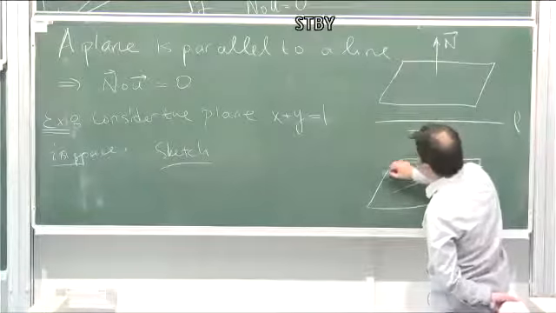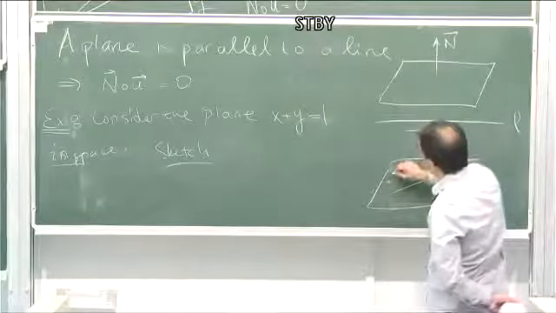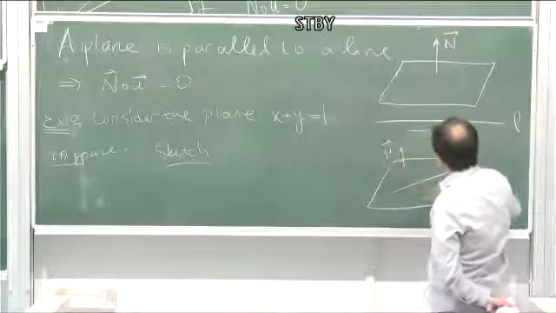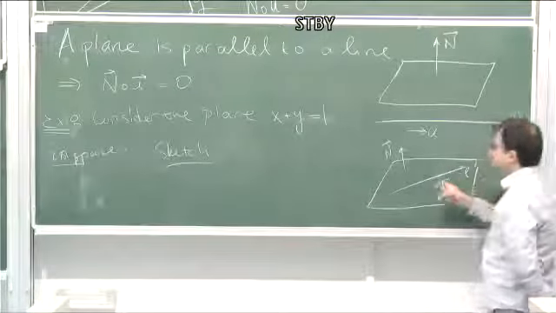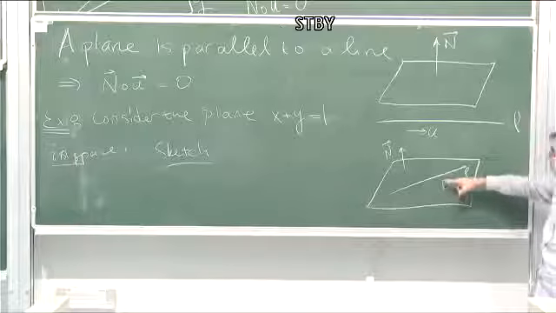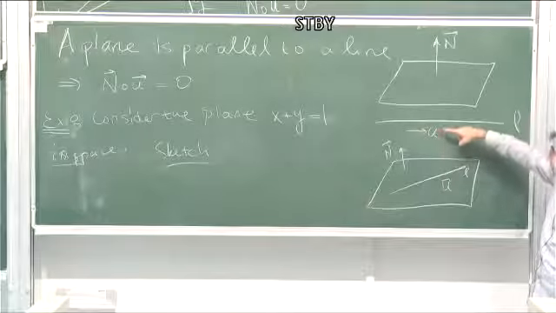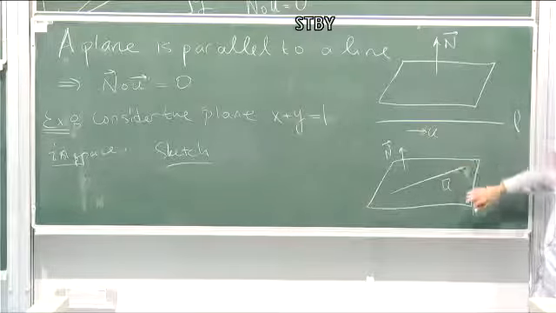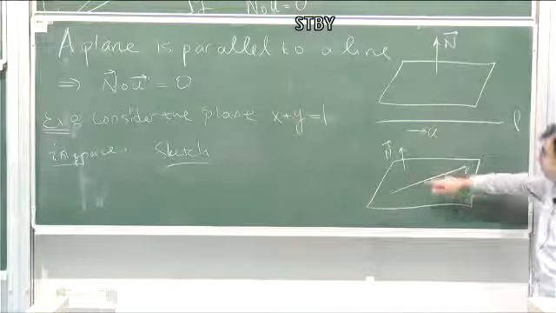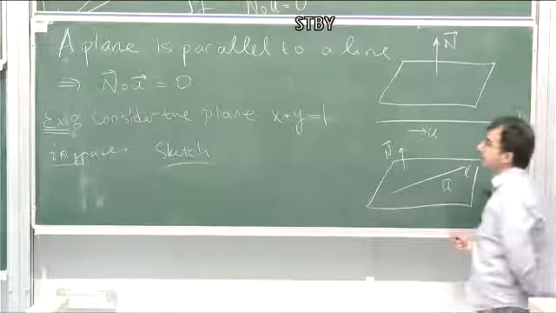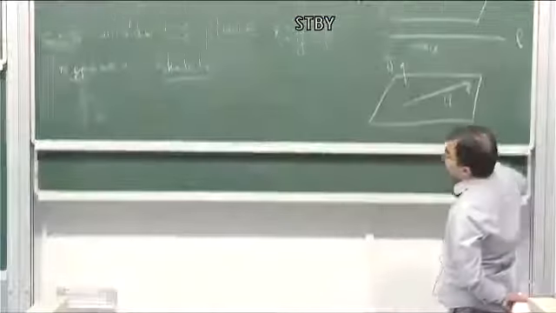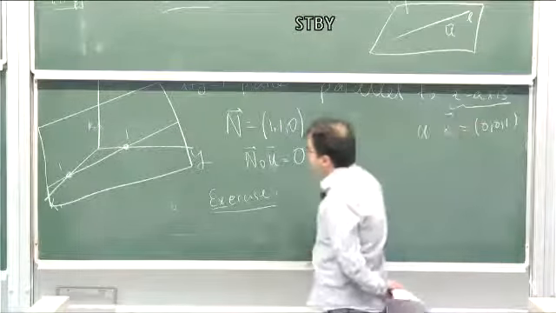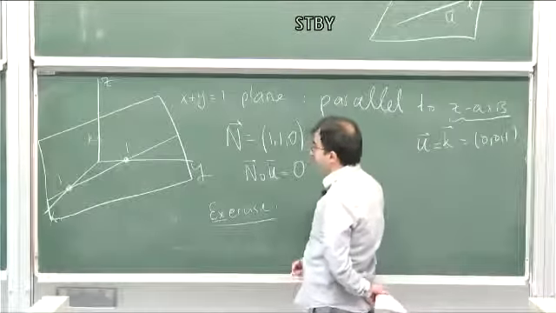This is also possible in that case, n dot u equals 0. To understand if the line is on the plane, we need to check if the points of L satisfy the equation of the plane.